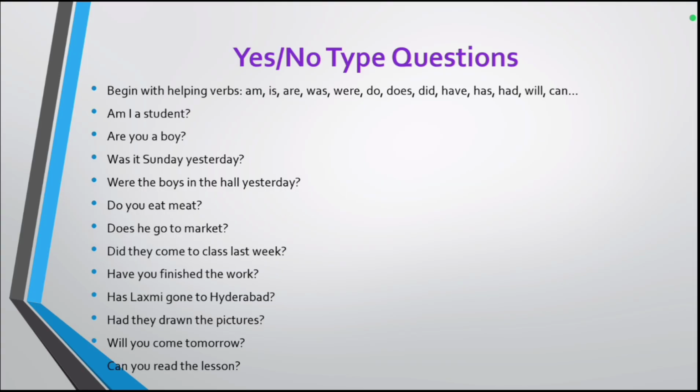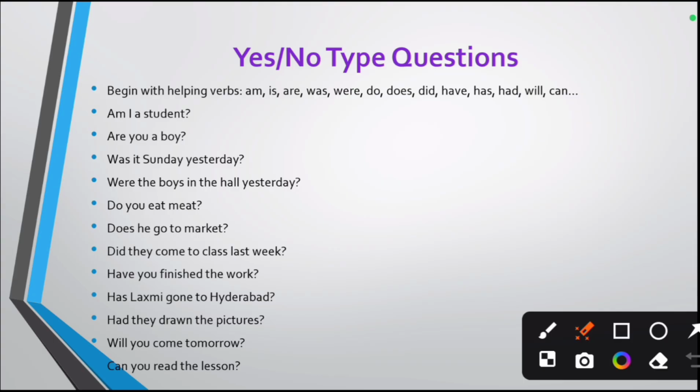Next, yes or no type questions. We can say that these are very short answer type questions or confirmative questions. Listen carefully, this question starts with helping verbs. What are helping verbs?